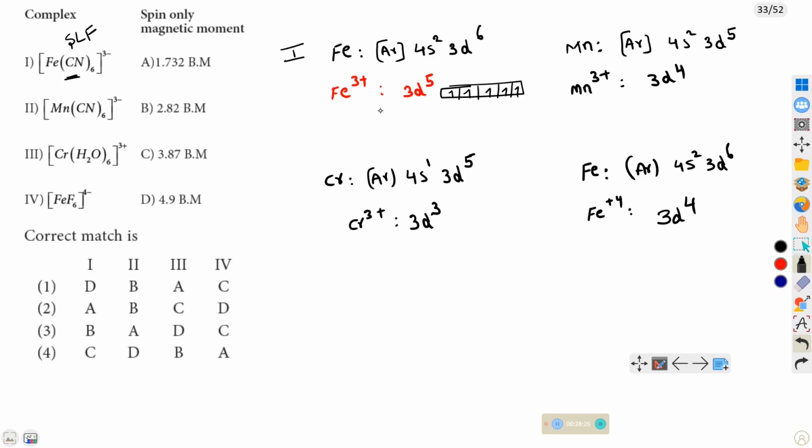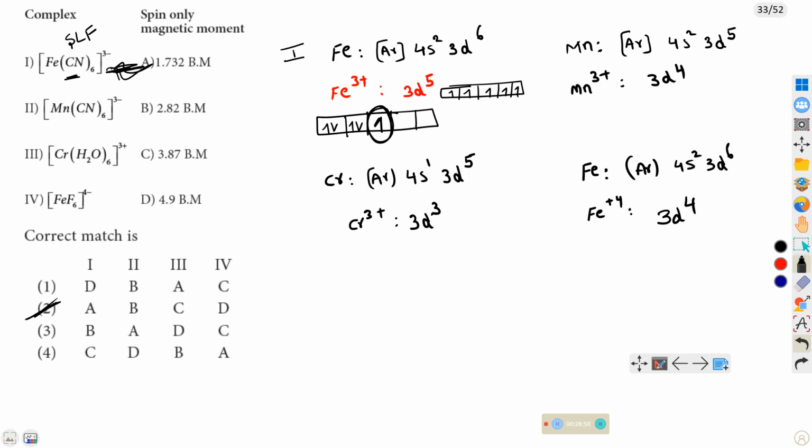Strong ligand field, regrouping of electrons takes place. It does not follow Hund's rule. How many unpaired electrons? One unpaired electron is present. So 1.732, 1A. Only one option, second option.